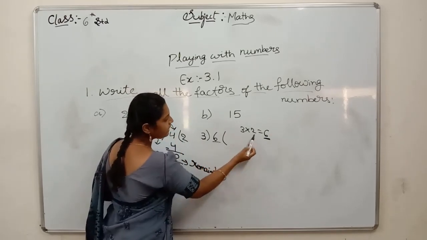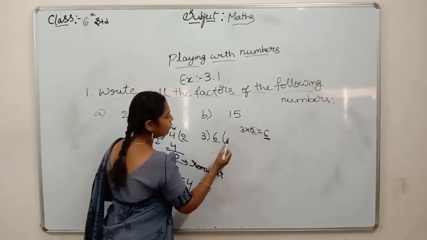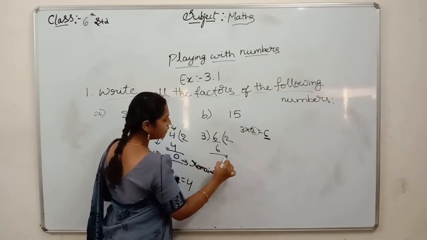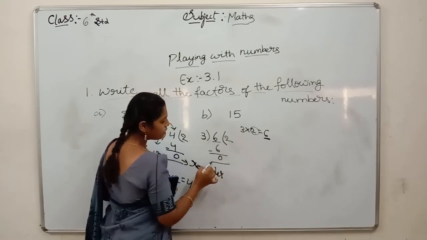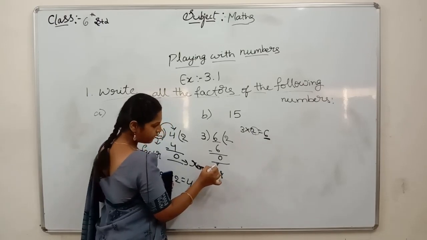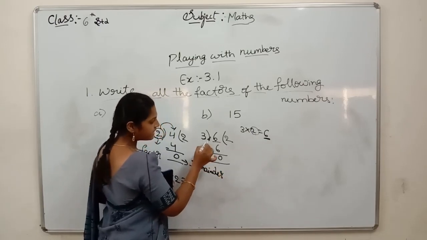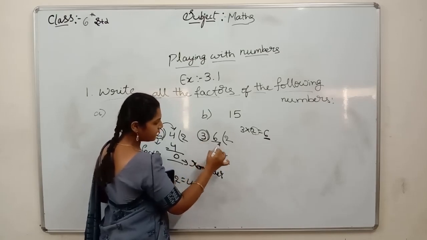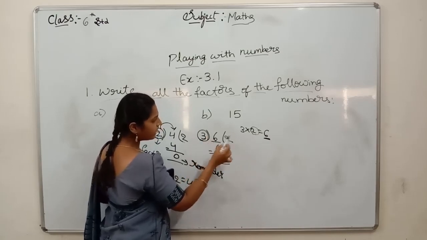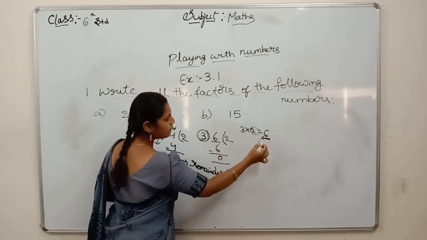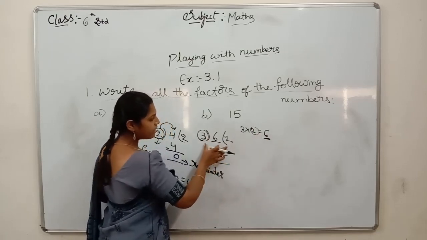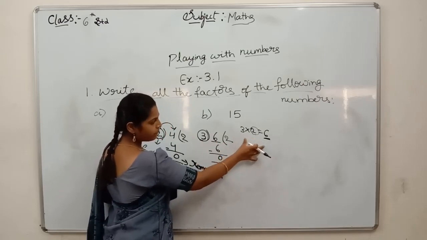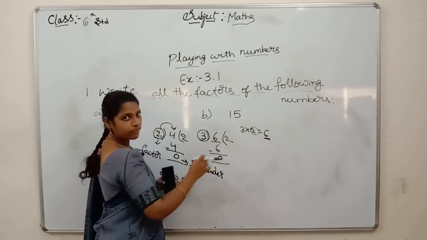We write 2 in the quotient place. 3 twos are 6; if you do subtraction, what will we get? 0. So if we get 0 in the remainder place, then 3 exactly divides 6, which means 3 is a factor of 6. In division form we can write it this way, and in multiplication form we can write it this way, but the numbers are the same.